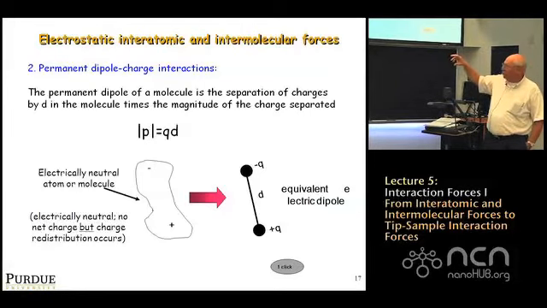So negative charges are at one end, positive charges are at the other. Whenever that happens, we replace that molecule in terms of an electrostatic model by this dipole. It's an equivalent electrical dipole. The net charge on the dipole is 0. It's just that the charges are now separated by this distance d.